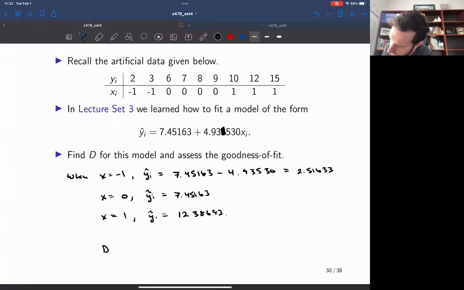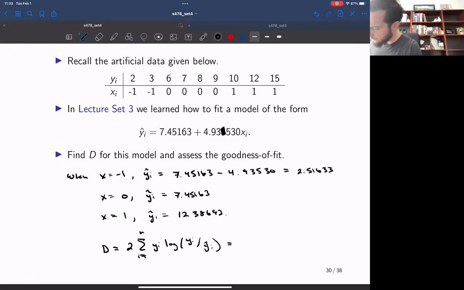So the deviance is 2 times the sum from i equals 1 to n of yi log yi over yi hat.